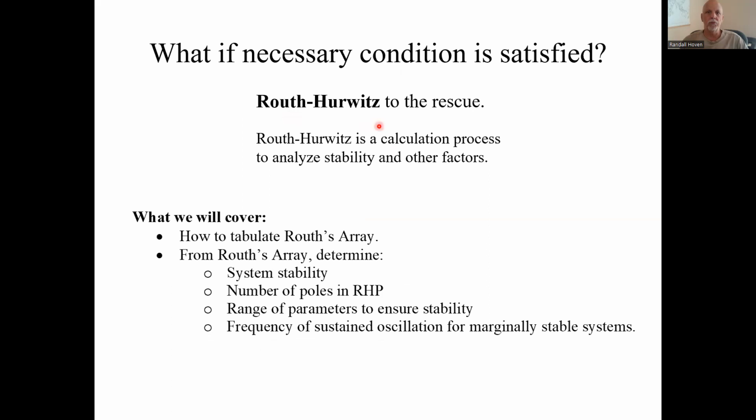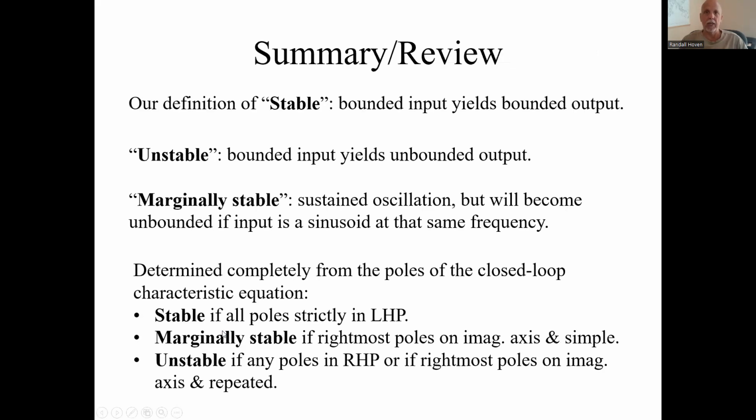This is a whole sort of tedious technique to see where the poles of the system are, or at least determine if any are in the right half plane, or left half plane, or maybe on the imaginary axis, and how many there are. So we'll cover how to tabulate Routh's array, and from that determine all these wonderful things. Stability, number of poles in the right half plane, etc. We'll get into that later.